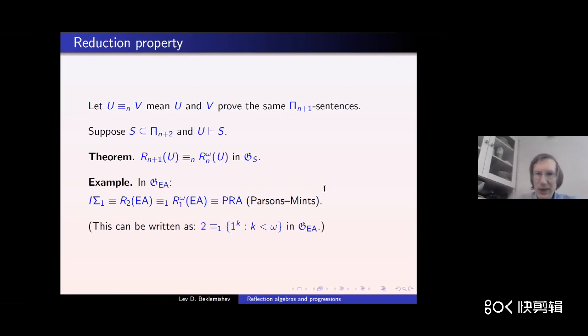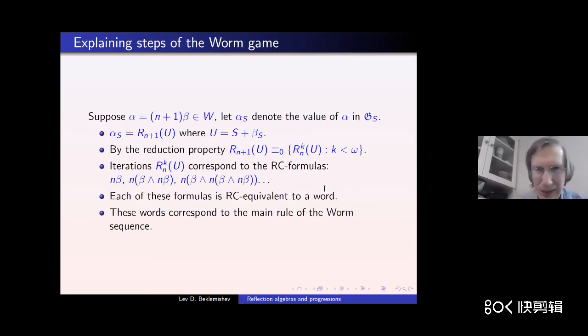And then, how we explain these steps in the worm game that I promised is as follows. Suppose we have a certain worm, or word, alpha, a word in the alphabet of natural numbers.